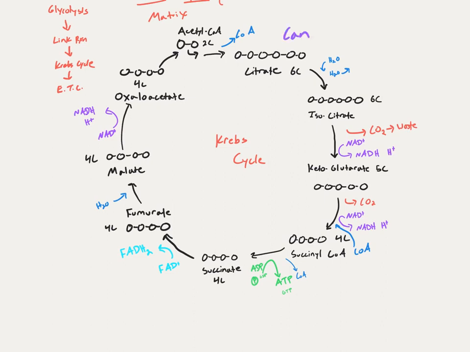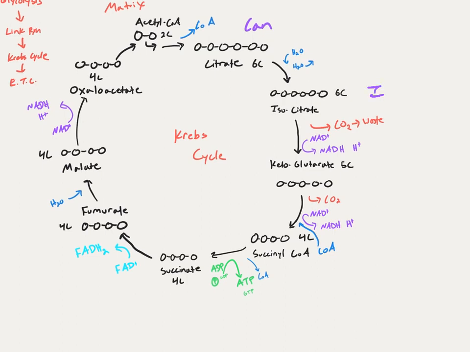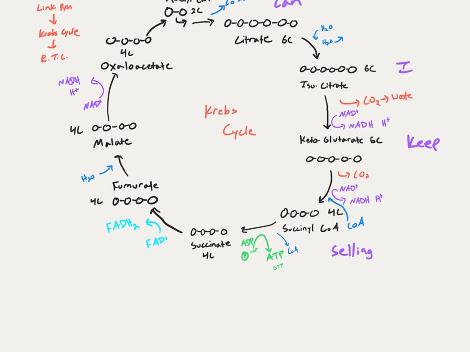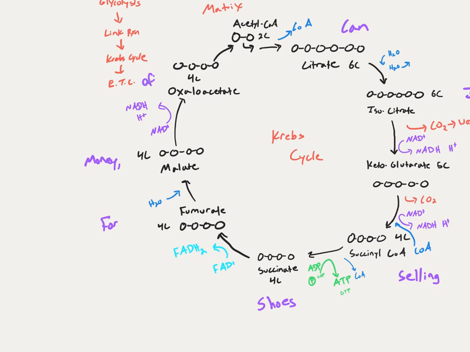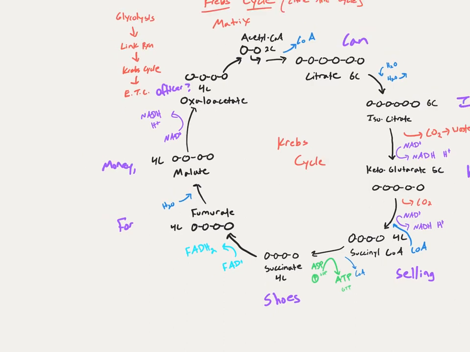Can for citrate, I for isocitrate, keep for ketoglutarate, selling for succinyl, shoes for succinate, for fumarate, money for malate, there's probably a comma here, officer for oxaloacetate, question mark. Can I keep selling shoes for money, officer?